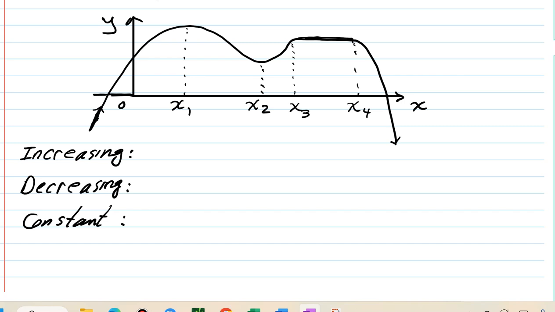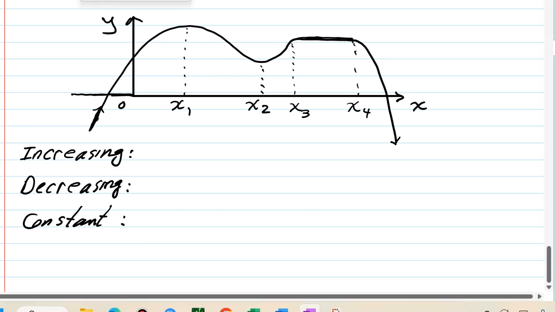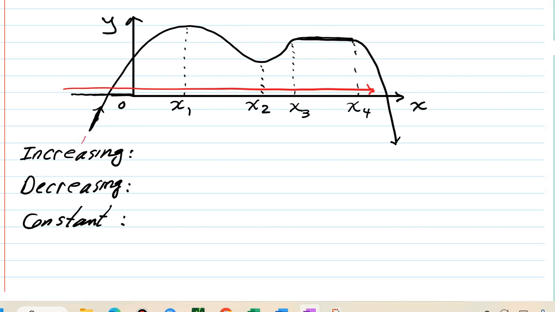So let's go increasing. As we go from left to right on the number line, that's what determines it. So I'm going in this direction on the number line. Now let's take a look at the function value. The function is going higher up to this point. Remember, we're coming from negative infinity going to infinity.